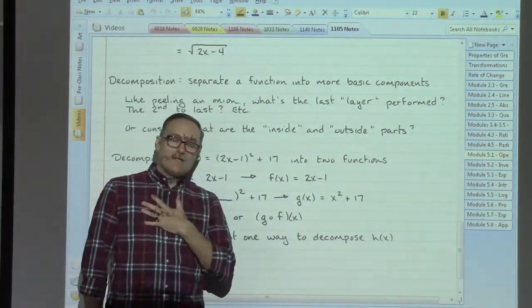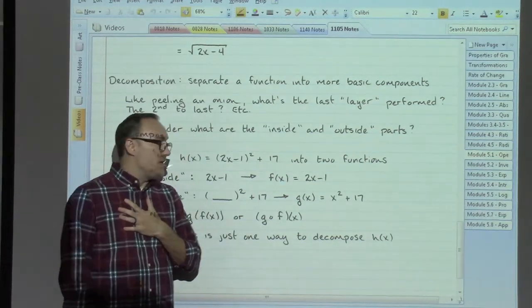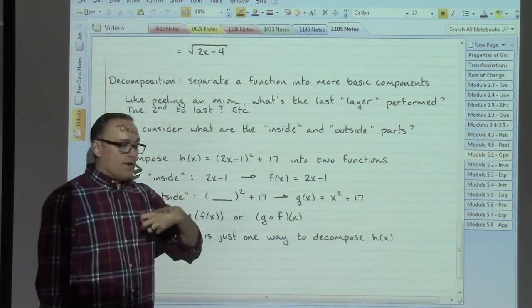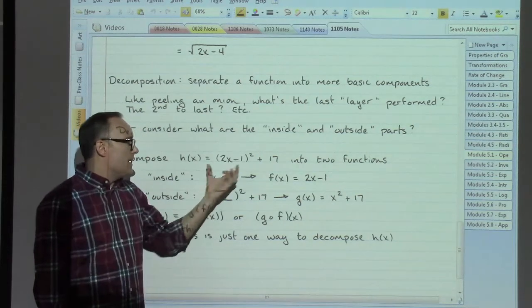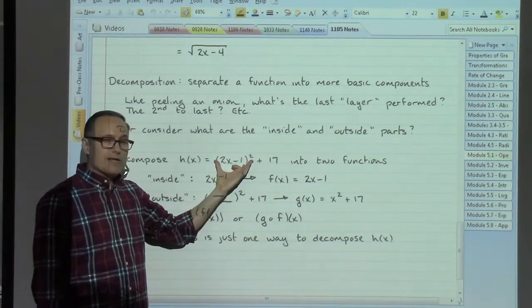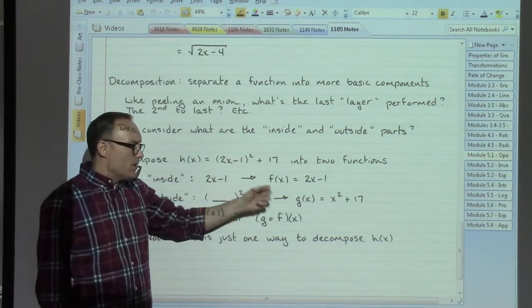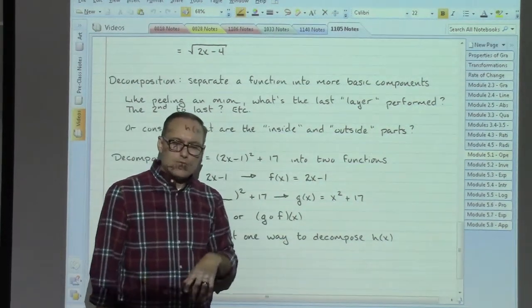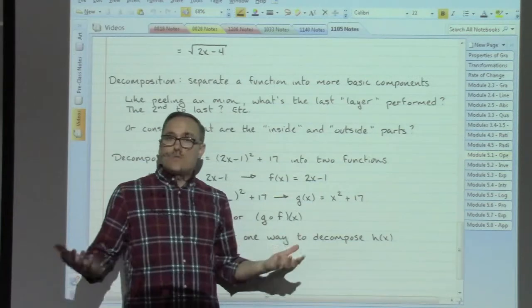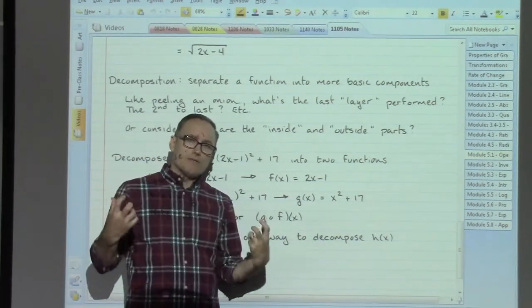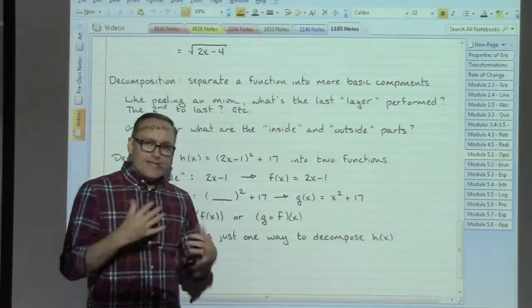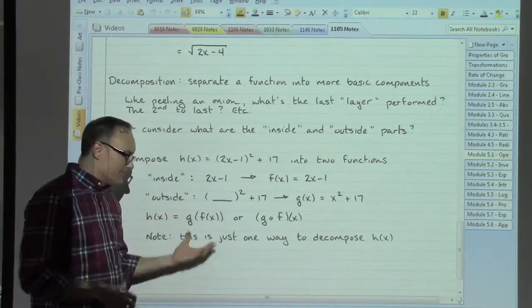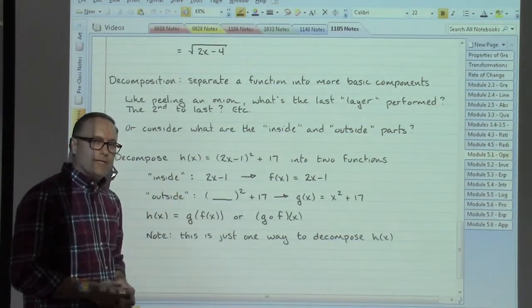And in our case, that thing that is being out in front of the plus 17 would be (2x minus 1) squared. So g of x would be (2x minus 1) squared. So there's another way of being able to break things apart based on that notion of inside versus outside, based on that idea of decomposing.